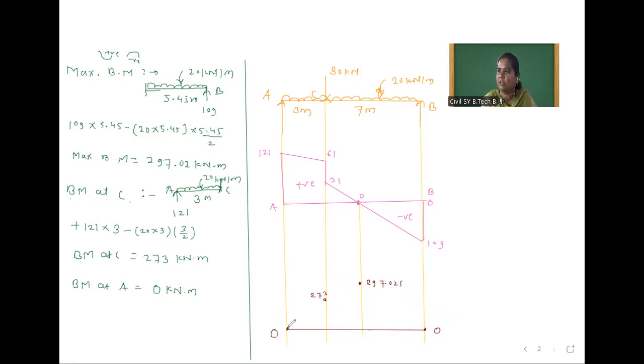Now we will join this. Whole diagram is positive. So this is the bending moment diagram, and this nature is parabolic because throughout the span uniformly distributed load is applied, and this is the shear force diagram.